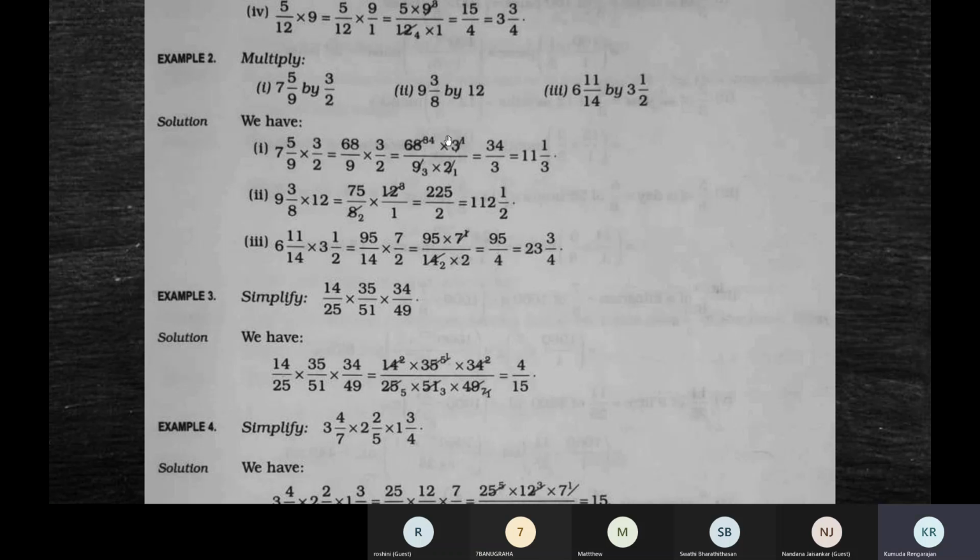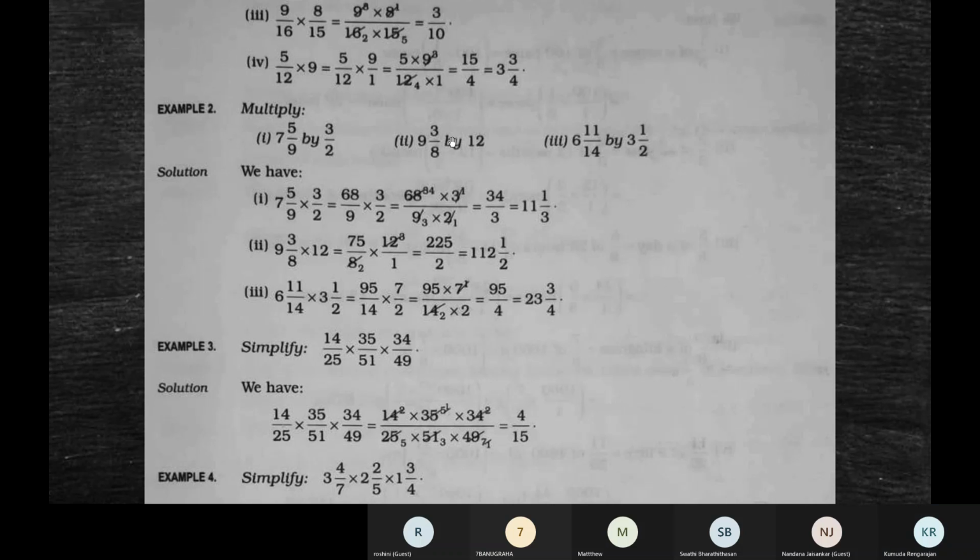Yes, ma'am. Yeah. And then we take up 3 and 9. 3 from the numerator, 9 from the denominator. Both of them come in the tables of 3. So this number 3 divided by 3 is 1. This number 9 divided by 3, because we are using the common table 3, the answer is 3.